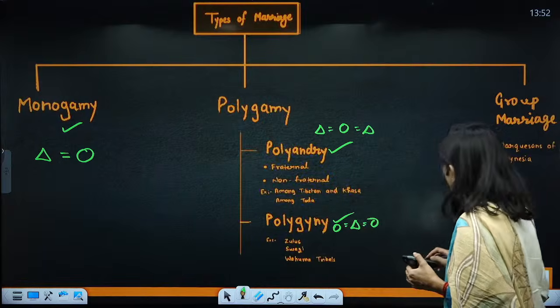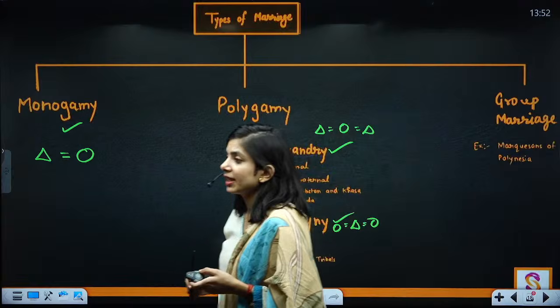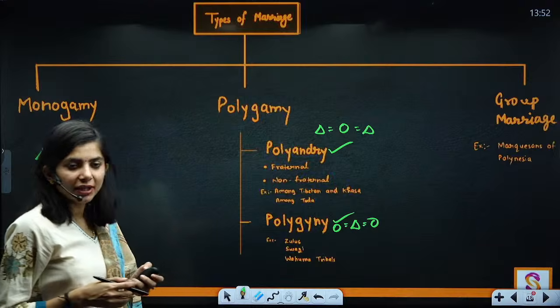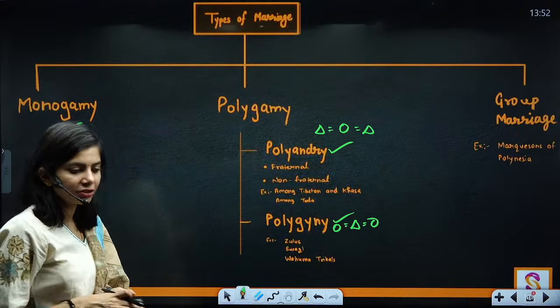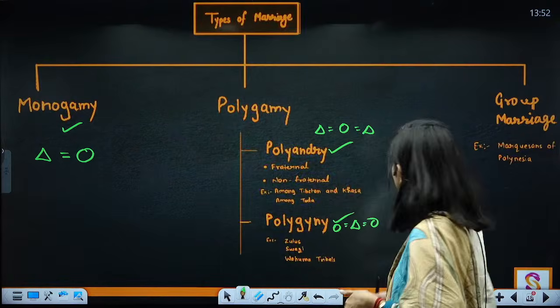Okay, now we can see cases of polyandry in the Todas. The Todas are still engaged in polyandry, whereas we can see polygyny in some areas of Maharashtra, and in some other regions. I will show you the video.